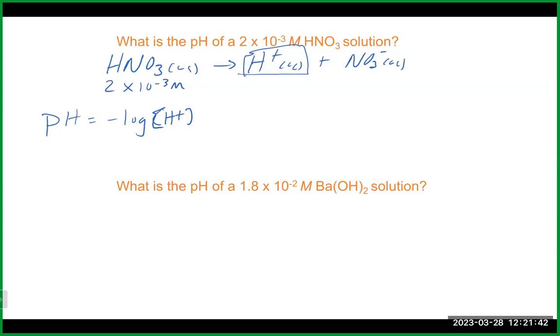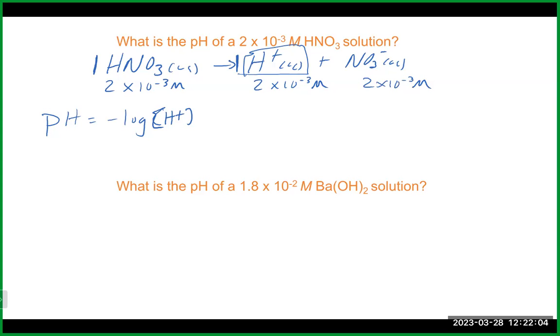That would mean the H plus concentration should be the same, 2 times 10 to the minus 3 molar, because it is a 1-to-1 relationship between those two. By the way, the nitrate concentration would also be 2 times 10 to the minus 3 molar. Not that you need it in this case.